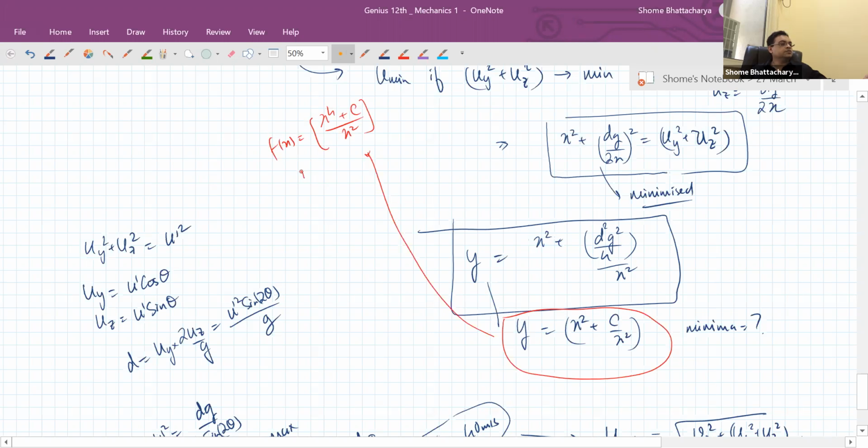So this is minimum when x square is equal to c.